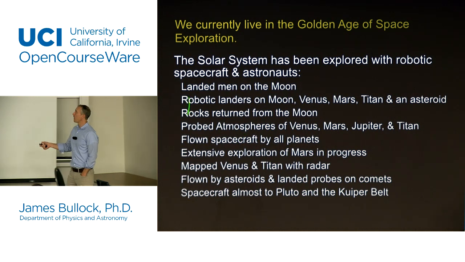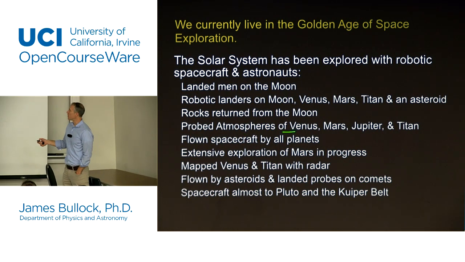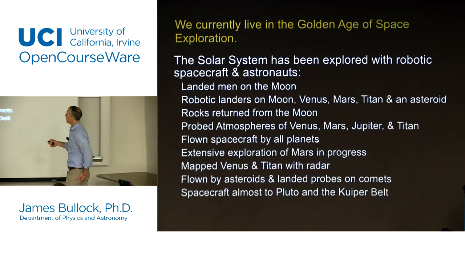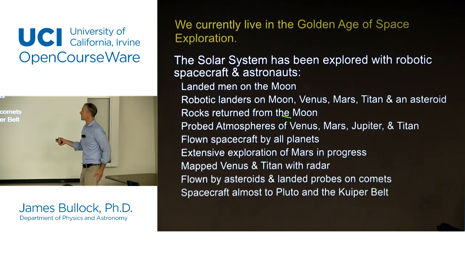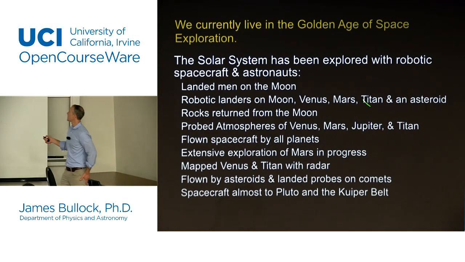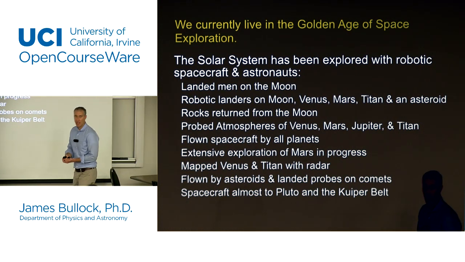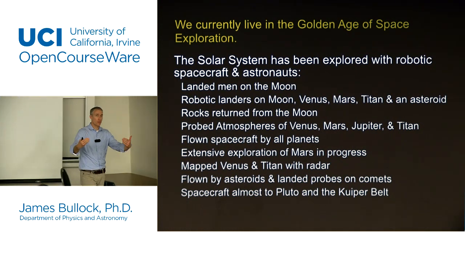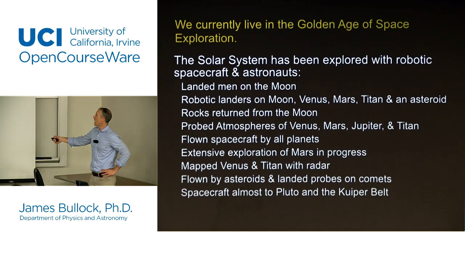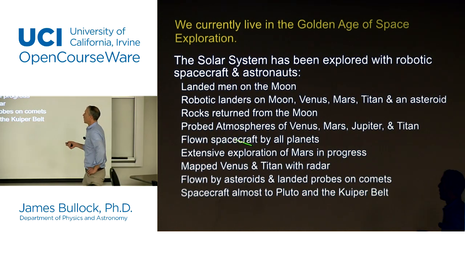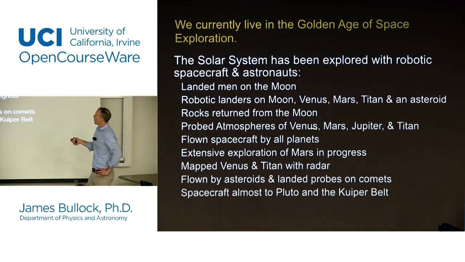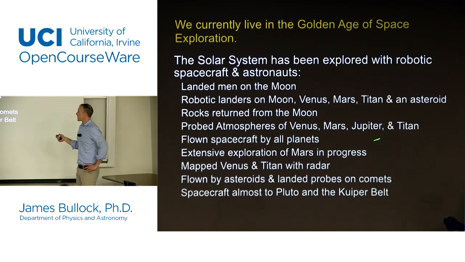But just to remind you of everything we've done, we've put people on the moon. We've put robotic landers on the moon, Venus, Mars, Titan, and we've even landed on an asteroid. We've recently landed on a comet. So we've done all kinds of things in terms of sending robotic missions out there. We've physically returned rocks from the moon, taking pieces of the moon and bringing them back to Earth. We've taken deep direct probes of the atmospheres of Venus, Mars, Jupiter, and Titan.